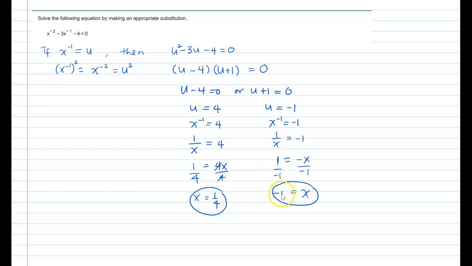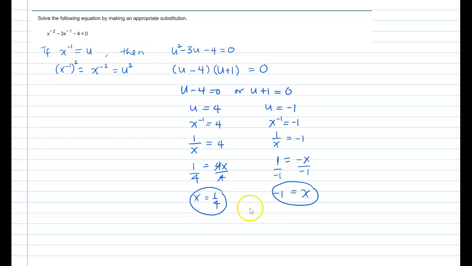Now the only time you would exclude a value for x in the solution is if one of the terms becomes undefined. Now in this case, this will only be undefined when x is equal to 0, because x to the negative 1 is 1 over x, and so that would only be undefined when x is equal to 0.